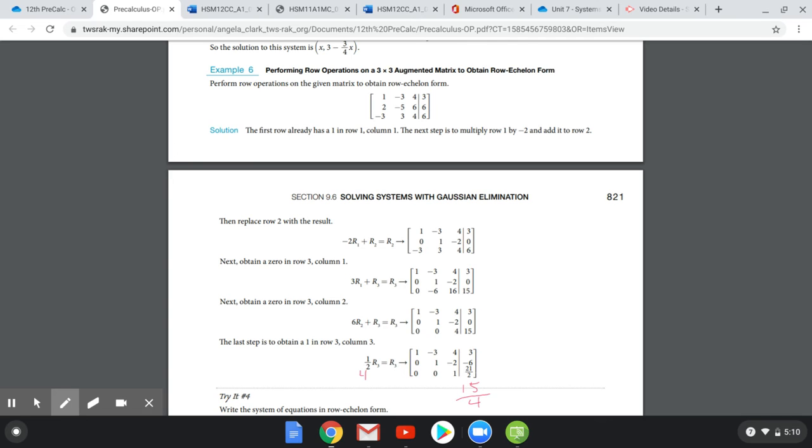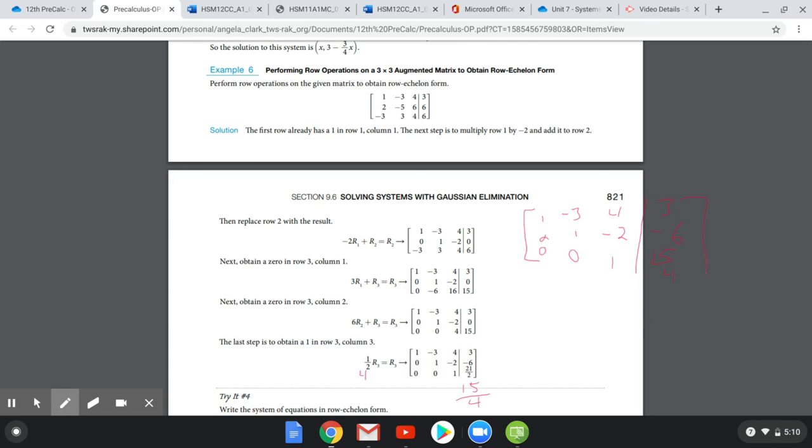So our reduced row echelon form is going to be 1, 0, 0, negative 3, 1, 0, 4, negative 2, 1, and then 3, negative 6, 15 over 4.